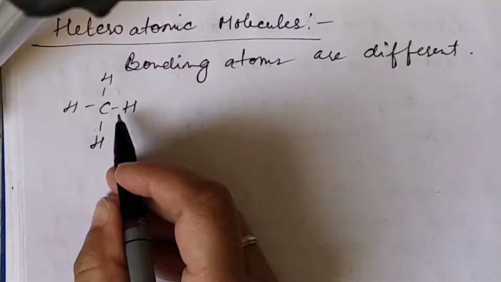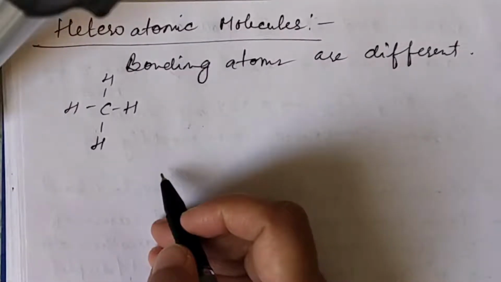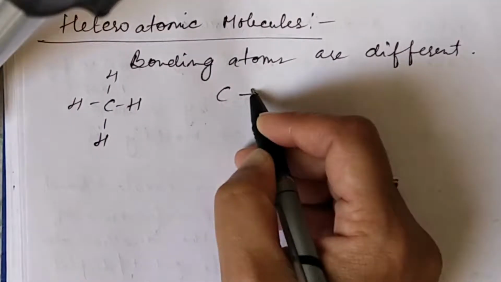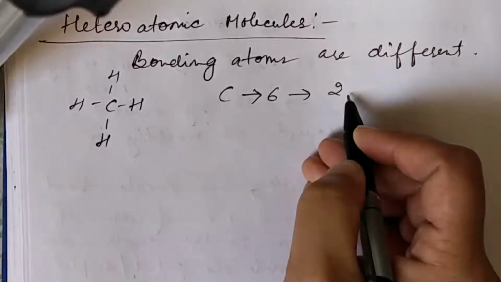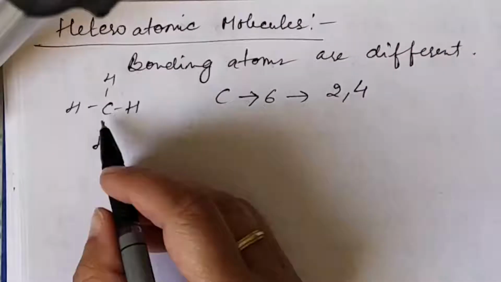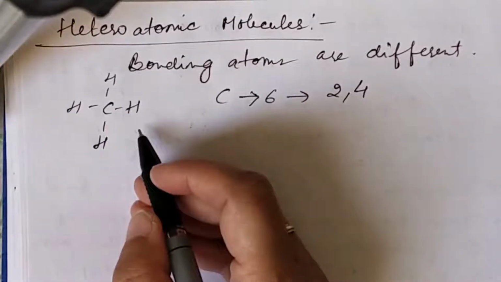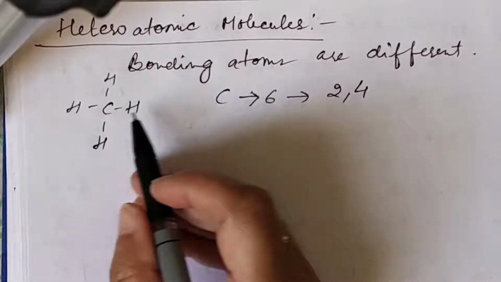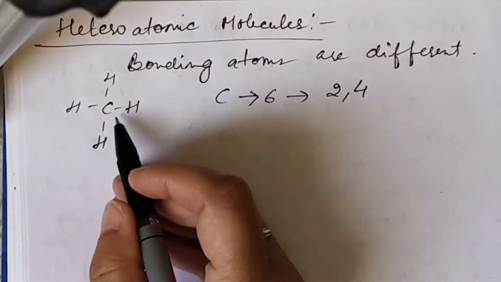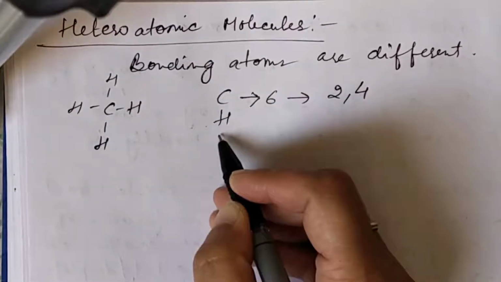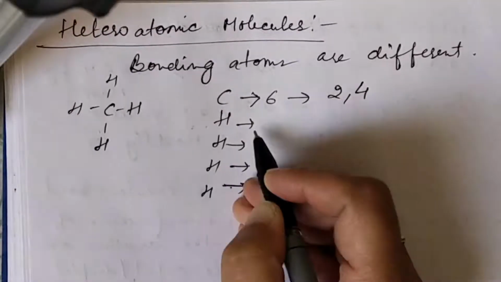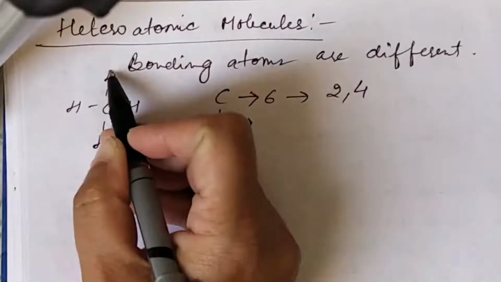This is the structural formula of methane molecule. How have you drawn the structure? Carbon has atomic number 6 with the electronic configuration of 2, 4. To draw the Lewis dot symbol or electron dot structure of methane molecule, you have to write 4 valence electrons on carbon. This is what we have written here, and this will form 4 covalent bonds with the respective hydrogen atoms like in methane molecule.